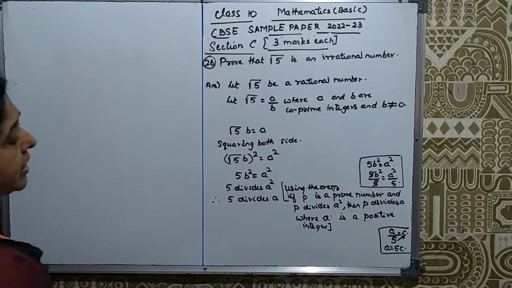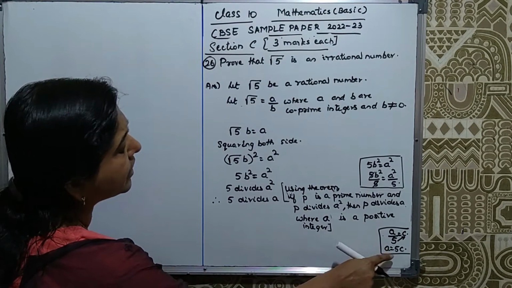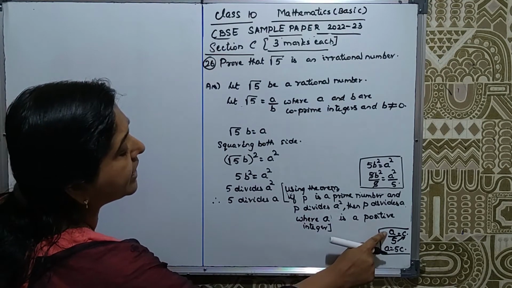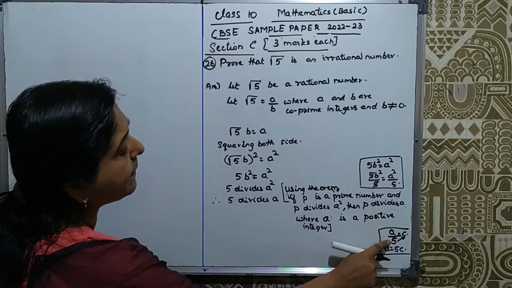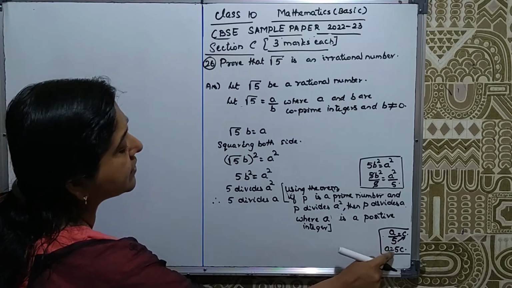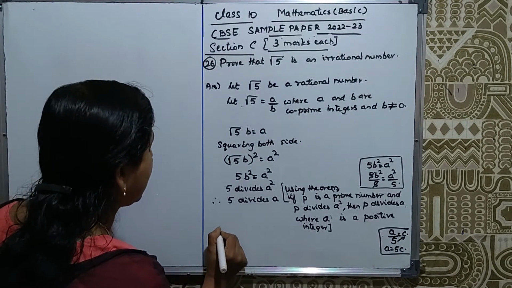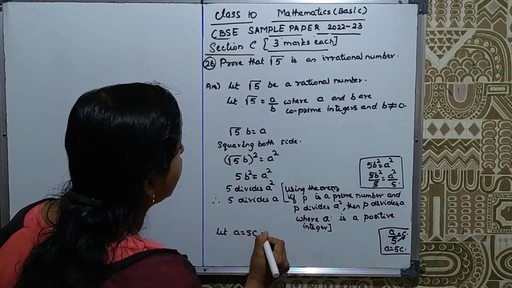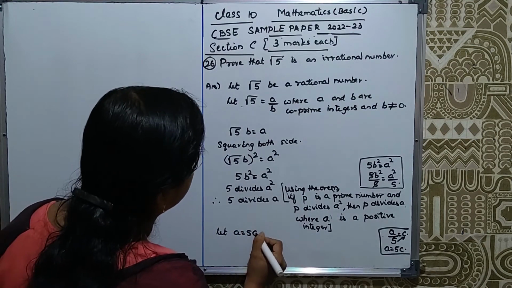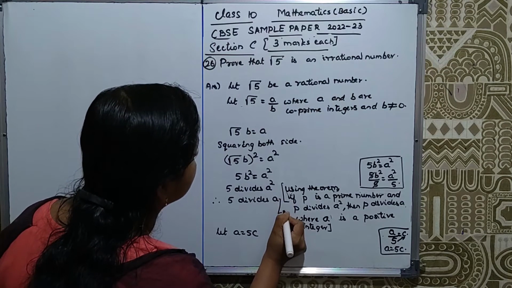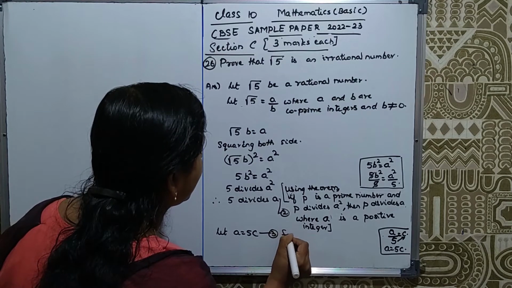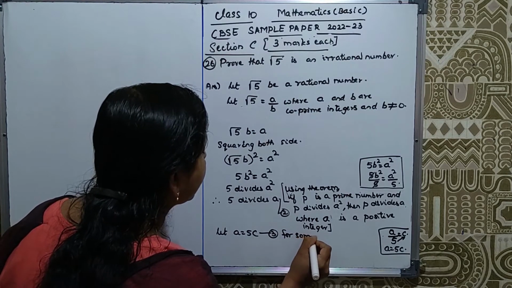Let a equal to 5c. Here 5 divides a, so a by 5 equal to c. This one I'll name as equation number 2, and this one as 3, for some integer c.